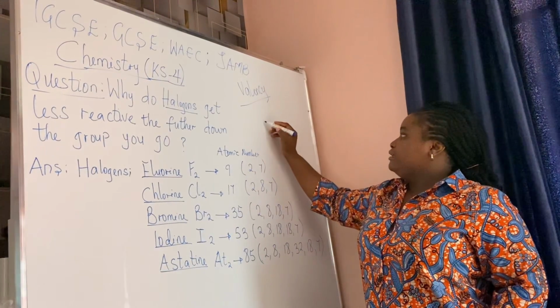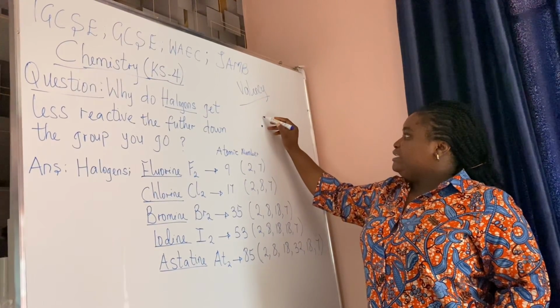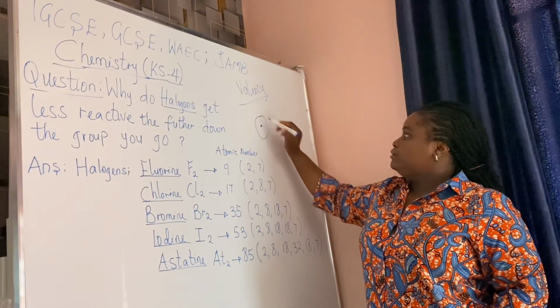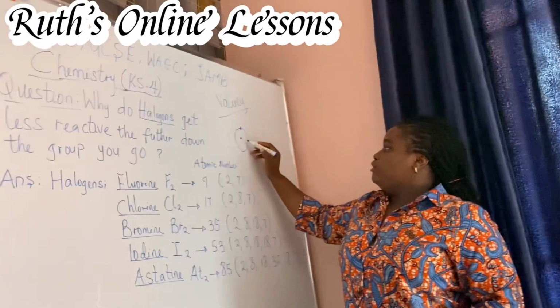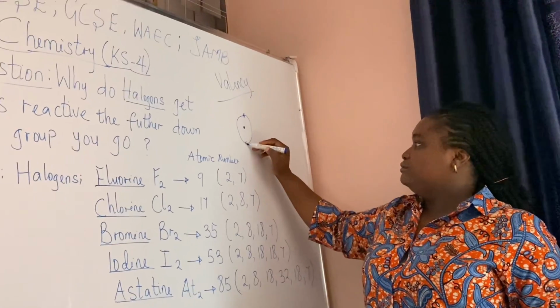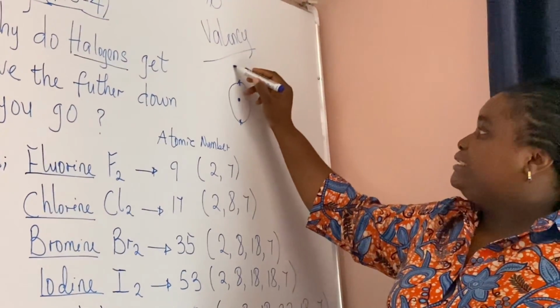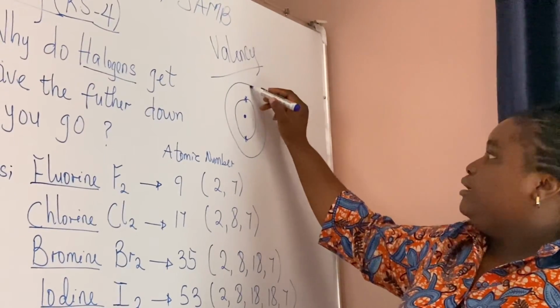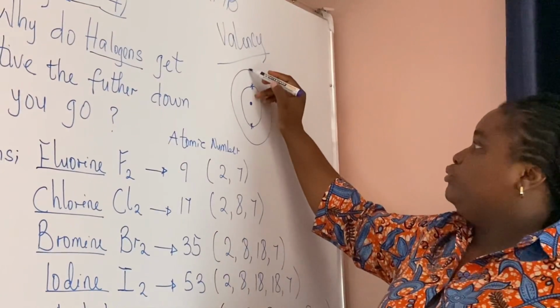All right, so this is my nucleus, and let me take this as my first shell. For my first shell, I have a maximum of 2 electrons that can fit. I'm going with fluorine. Then my second shell, 8 is the maximum here, but I have 7. So 7 will work here.